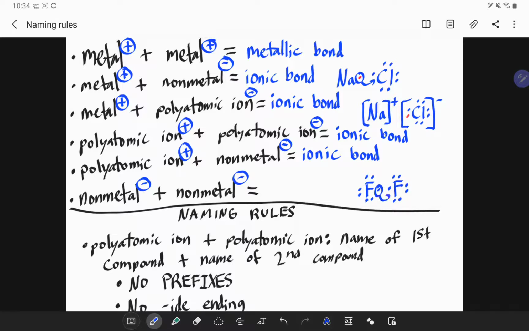Neither one of these fluorines wants to give away an electron. Not that one. Not that one. That's not going to happen either. So what needs to happen is they need to share a bond. And anytime there's a sharing of electrons, that is what we call a covalent bond. So fluorine is going to share these two electrons and form a bond right here. So this will be a covalent bond.